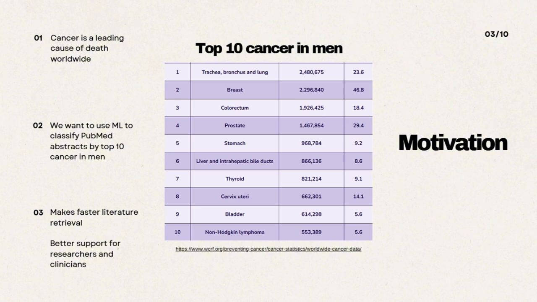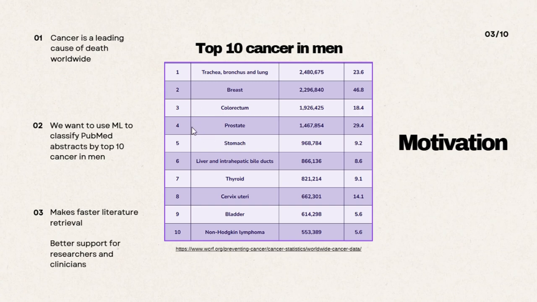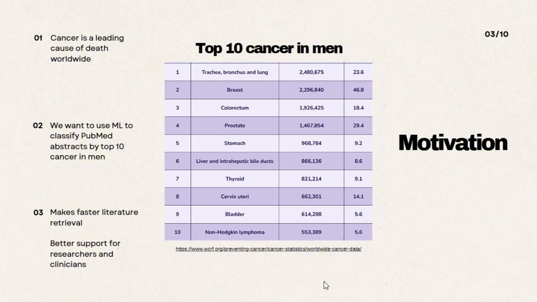In this project, we aim to classify the top 10 cancers found in men, shown right here in the middle. The ranking data is from the World Cancer Research Fund website.